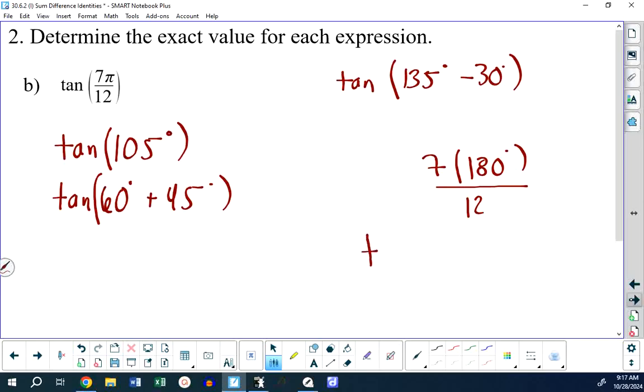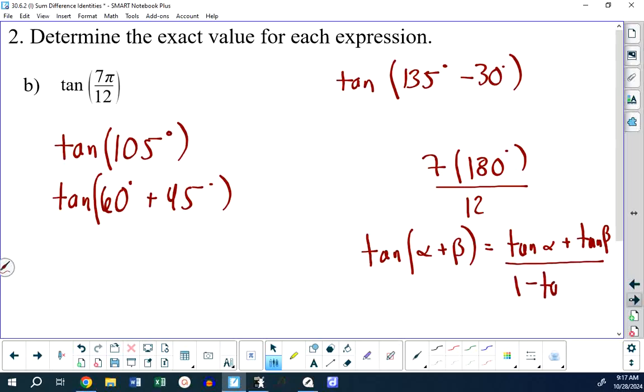Okay, so tan of alpha plus beta is tan alpha plus tan beta over 1 minus tan alpha tan beta.